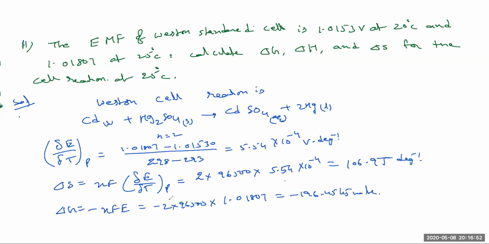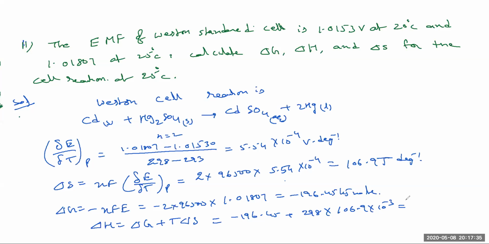Next, you know what is the relation between ΔH and ΔG? ΔH is equal to ΔG plus TΔS. So substituting the values again: minus 196.45 plus 298 temperature into 106.9 into 10 power minus 3.